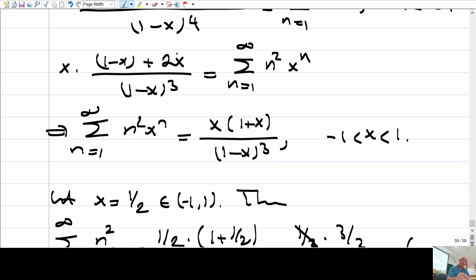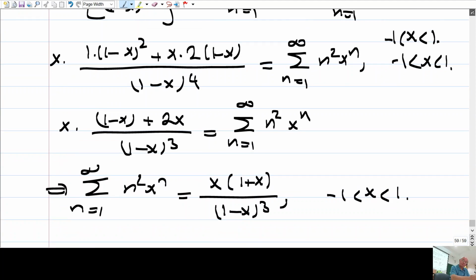Okay, I divided by 1 minus x. This is gone, so it is 2x.